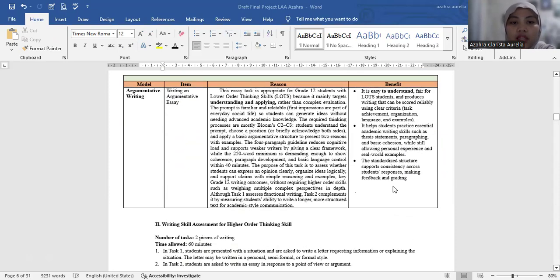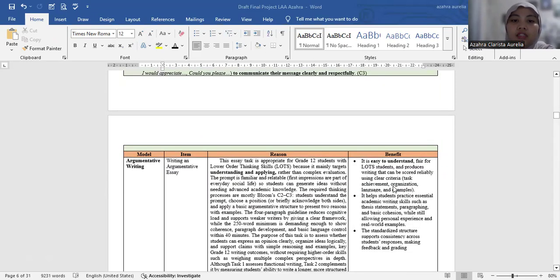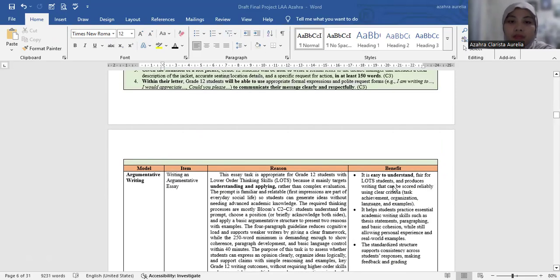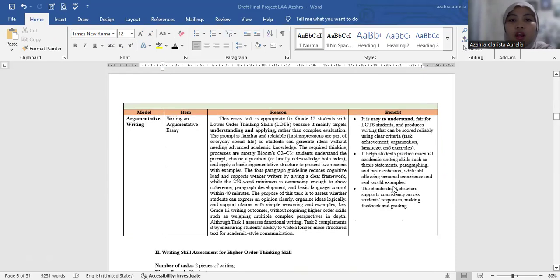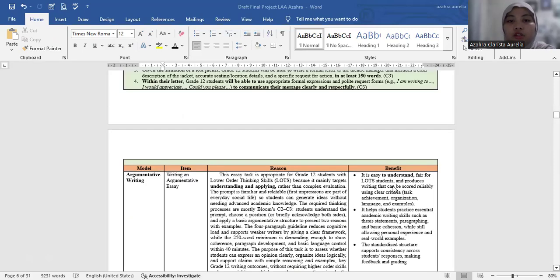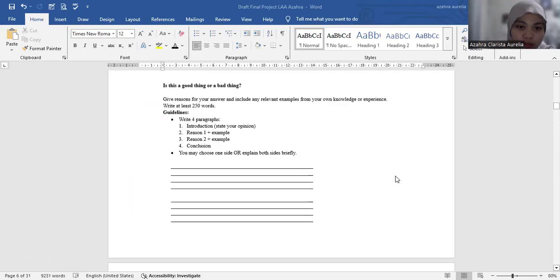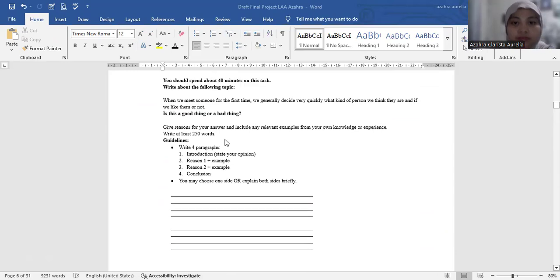The reason why I chose this task is because it is still suitable for students with low order thinking skill, because the students are not required to deeply evaluate multiple perspectives and they only need to choose one side or briefly mention both sides using personal experience. Here is the instruction.